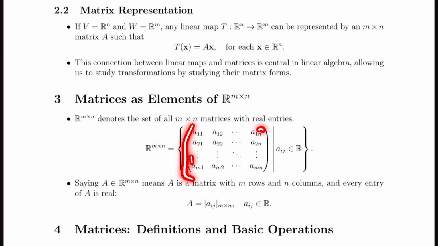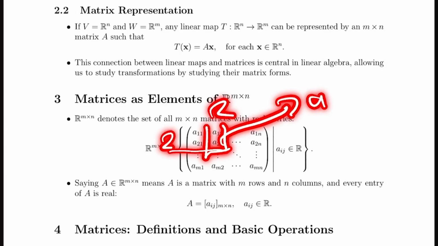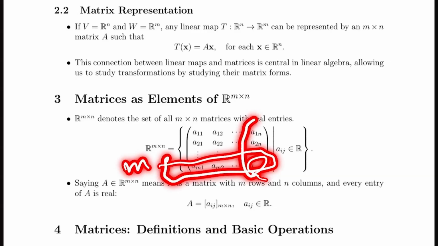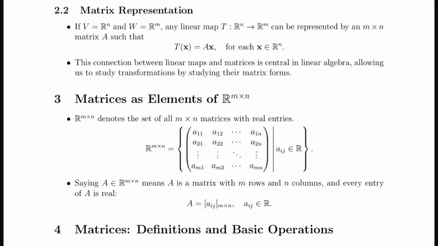They look like an ordered array of members, with m rows and n columns. What is this member? You look at row number 2 and column number 2, so that member is a_22. What is this member? You look at the row, which is row m, and the column, which is column n, so that's a_mn.